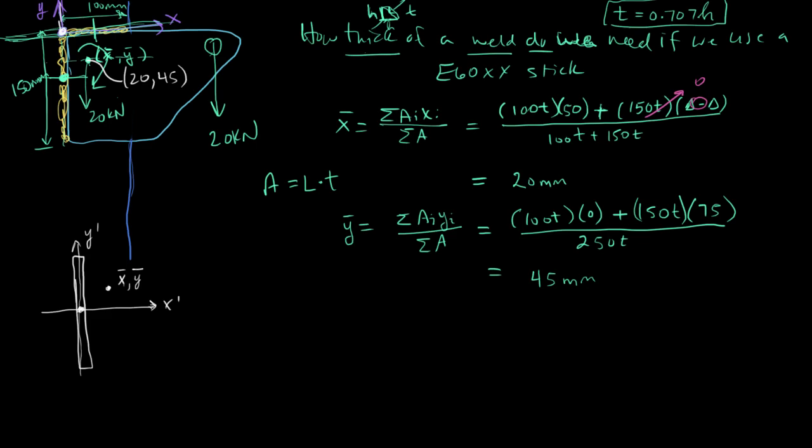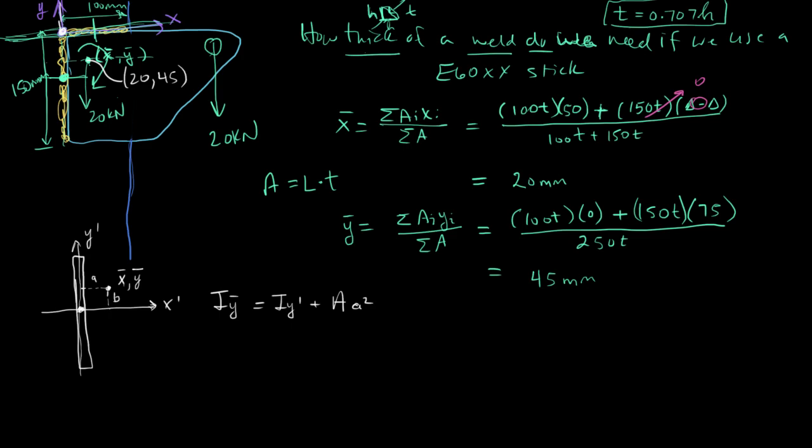So you might remember you can do your IY bar is equal to your IY prime plus A times your distance squared. And in this case, we're going to call this distance A, and we'll call this Y distance B.